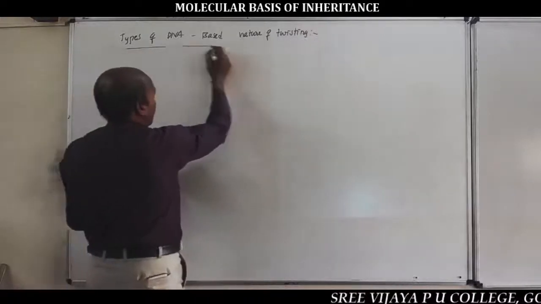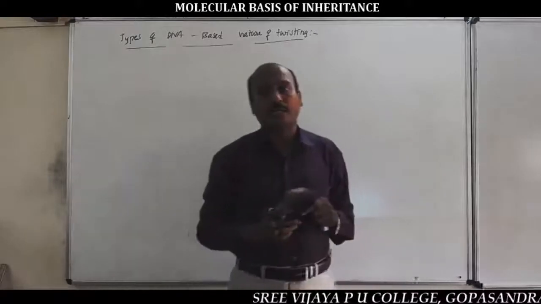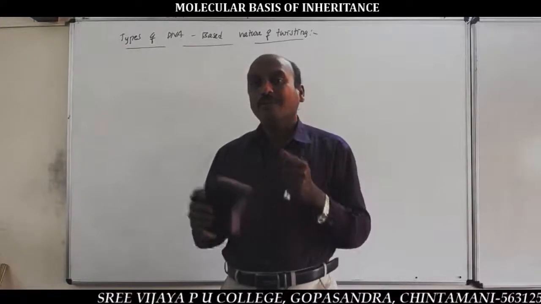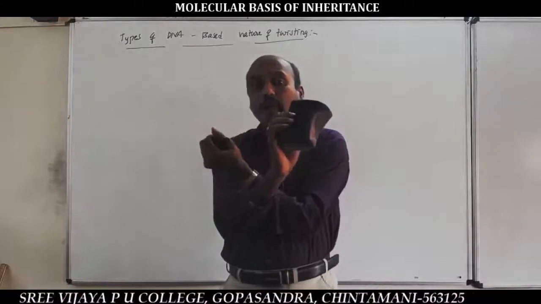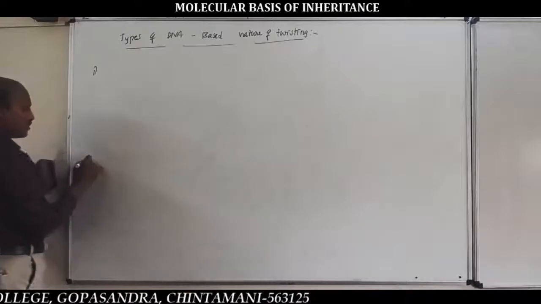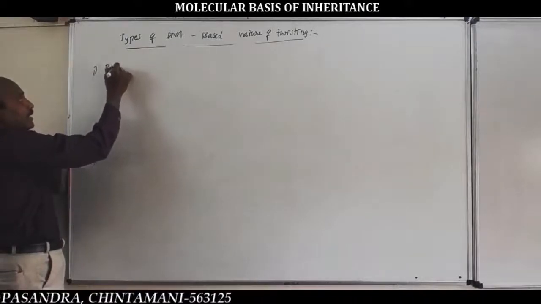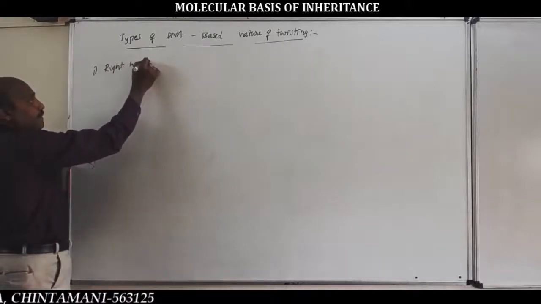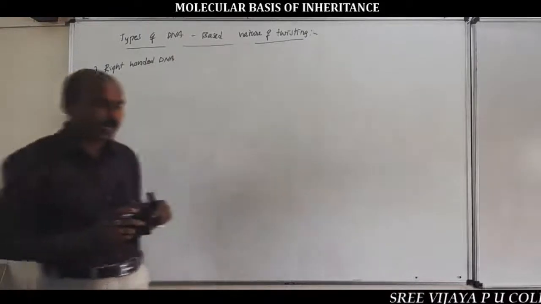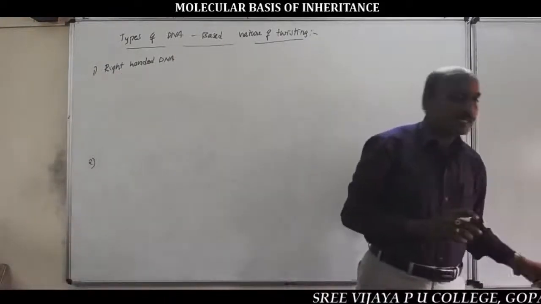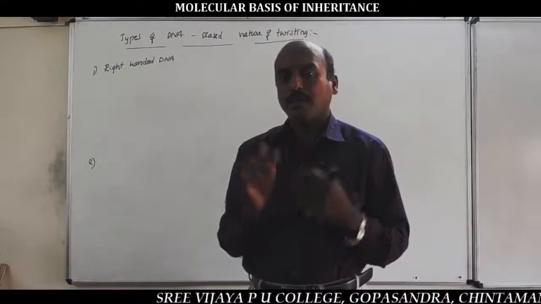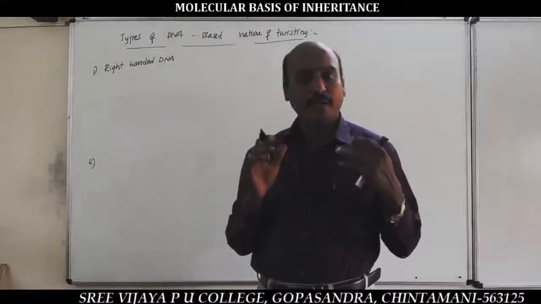See, on the basis of direction of twisting of the two polynucleotide chains, DNA is classified into two types, like right-handed DNA and left-handed DNA. Listen here.